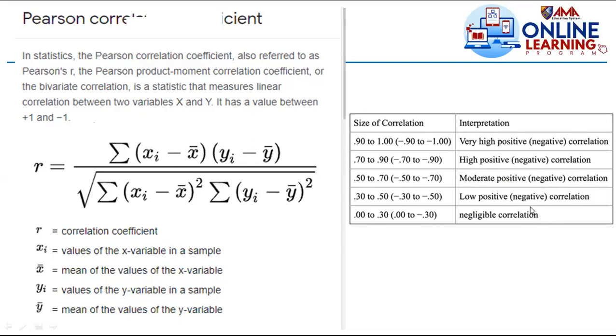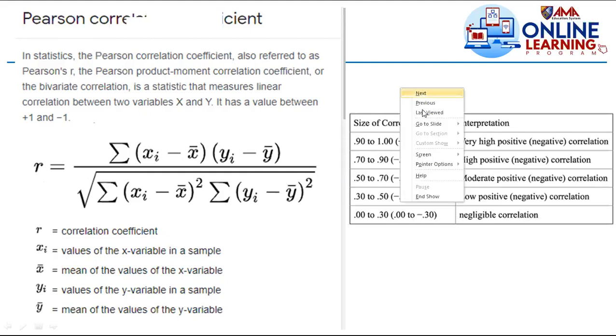So, ibig sabihin, pag ito yung mga answers natin, above 50, then we have a positive response. Okay? So, pag low positive naman siya, then there's a need for us to recommend what actions to be done para itong dalawang variable na ito ay magkakaroon ng correlation. Okay? So, take note of this table po. Ito yung magiging reference po natin kung ano yung nasolve po natin na value po dito.